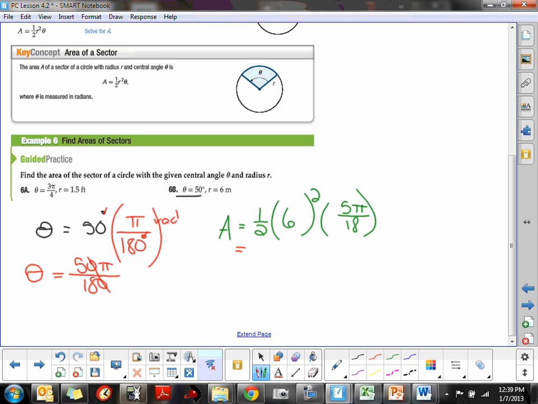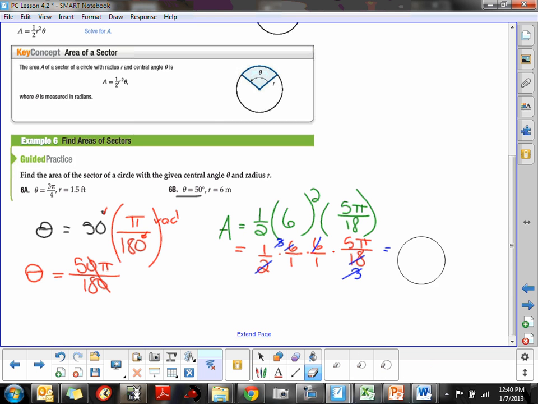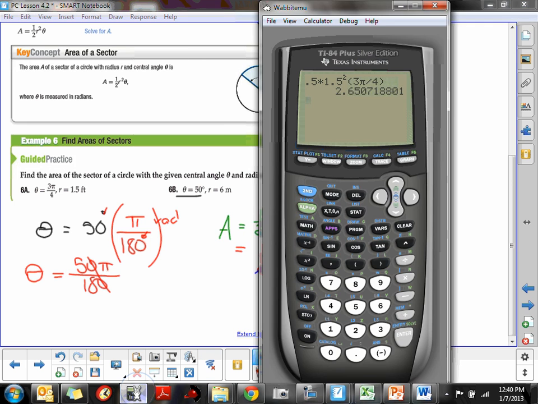We could crank this out on our calculator, but I'm going to do a couple of things first as a demonstration. That's 1/2 times 6 over 1 times 6 over 1 times 5 pi 18ths. The 6 goes into 6 once, and into 18 three times. Taking half of 6 makes a 3, so we're left with a 3 on the bottom, and we can cancel it with the 3 on top. All we have left is 5 pi, so whatever 5 pi is, that'll be our solution.